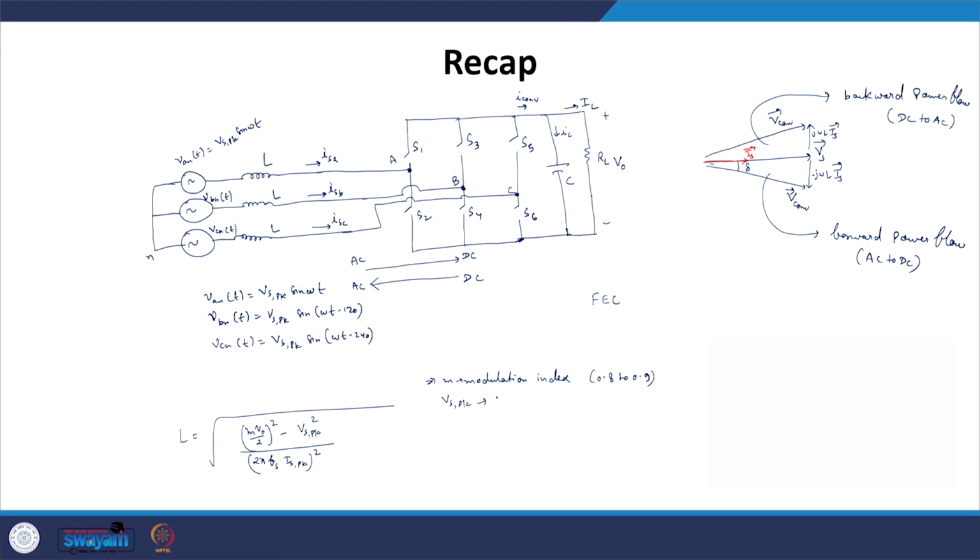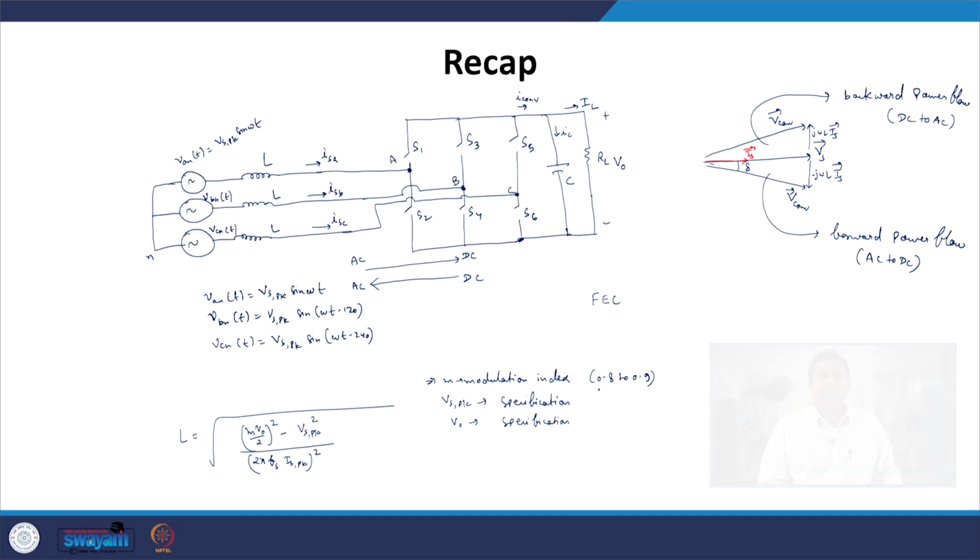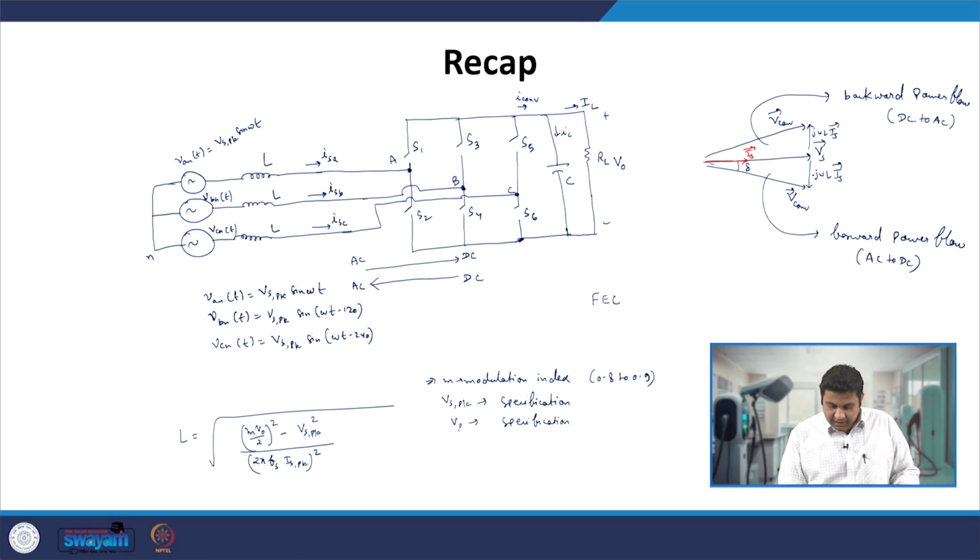Similarly, Vs peak is given in the specification, which is nothing but the peak of the AC voltage source, and here we assume balanced operation where all three phases are loaded equally. And V naught is again given in the specification table, because generally in the specification they will mention the output power, output voltage, and the information related to the grid side, such as input voltage and input frequency. Similarly, the line frequency is also given in the specification.